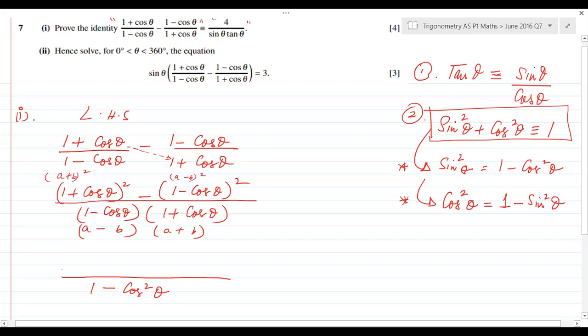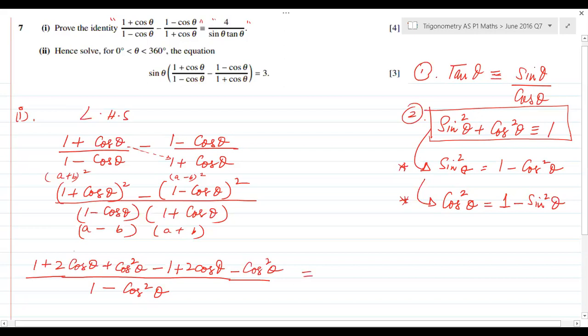So if I expand the first bracket, that would be 1 plus 2 cos theta plus cos squared theta. Minus sign is outside. This is 1, so that's 1. This is negative, minus sign is outside, so that's going to make it plus 2 cos theta. And cos squared theta, negative.